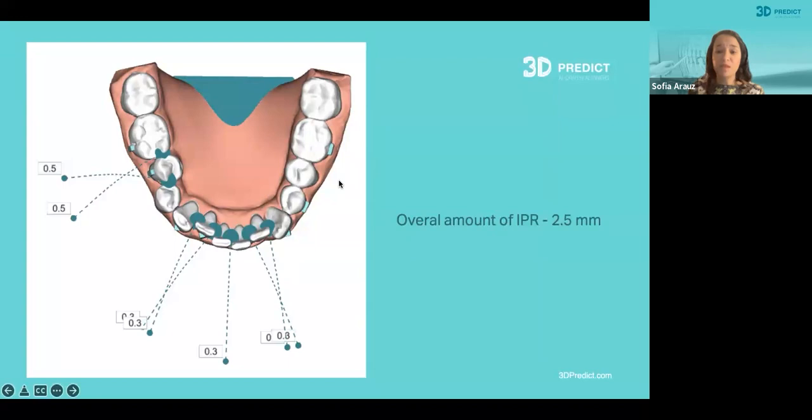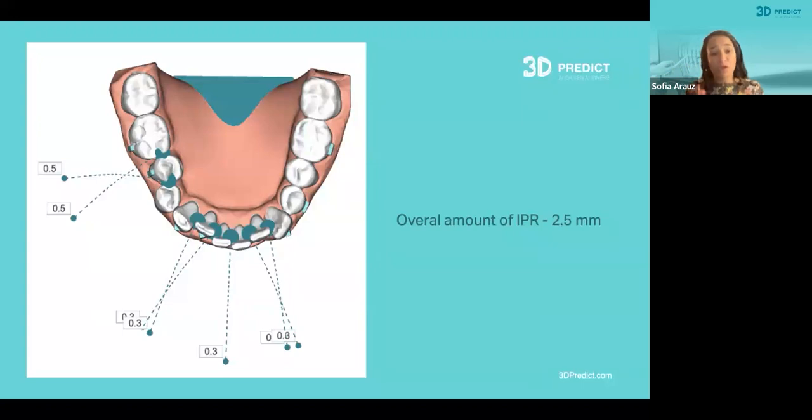And the way we determine the amount of IPR is based on whether it's a CBCT case, we base it on the alveolar bone. But if it's not a CBCT case, then our technicians take the case, set up the case, and they first try to gain space by doing expansion.